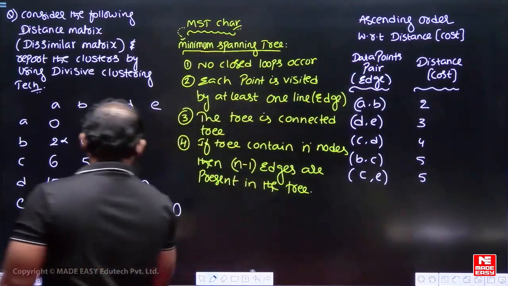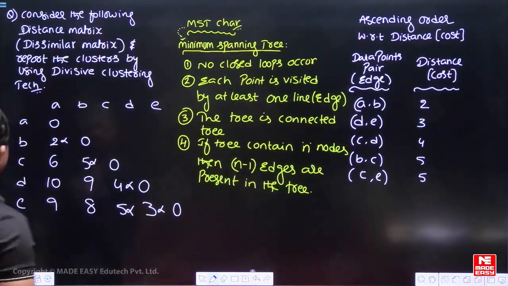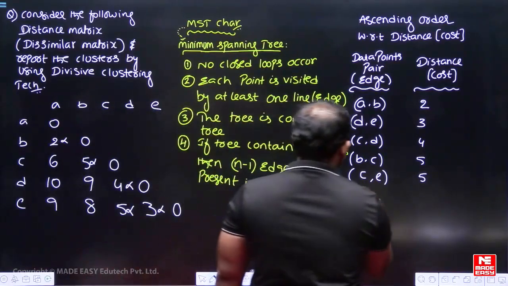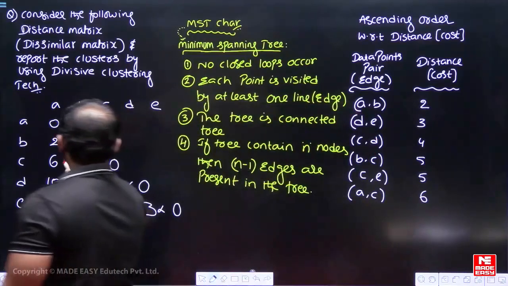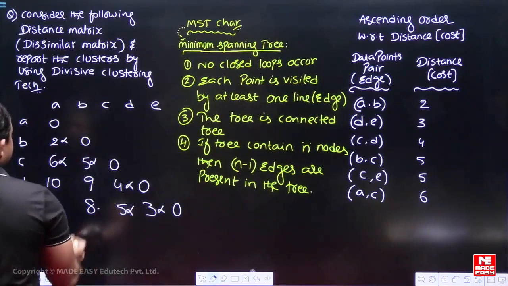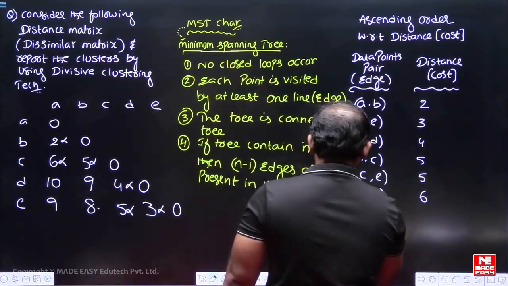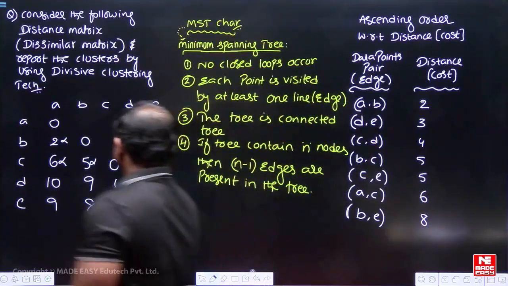C and E and B and C completed. After that 6. A and C, cost is 6. Then after that 8. That is B and E. B and E, cost is 8.